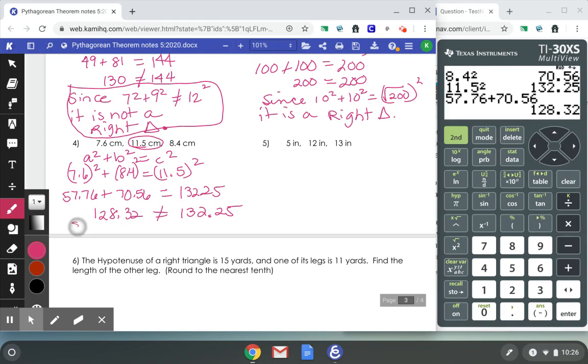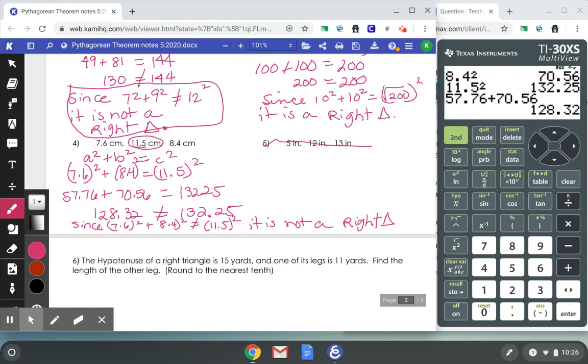So since 7.6 squared plus 8.4 squared does not equal 11.5 squared, it is not a right triangle. Okay, I'm going to skip number 5.